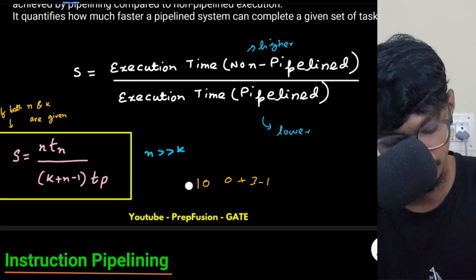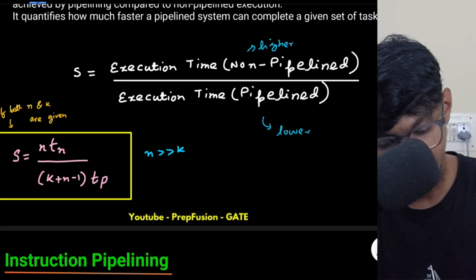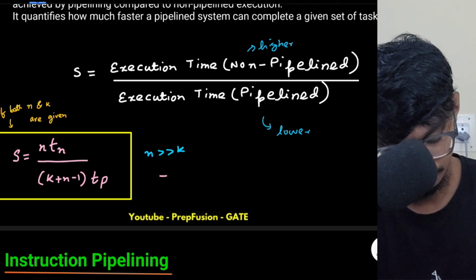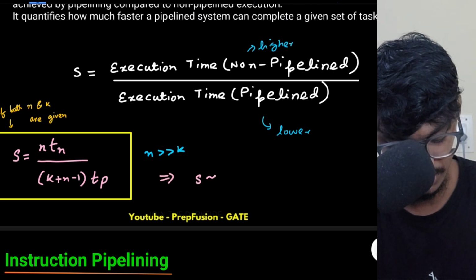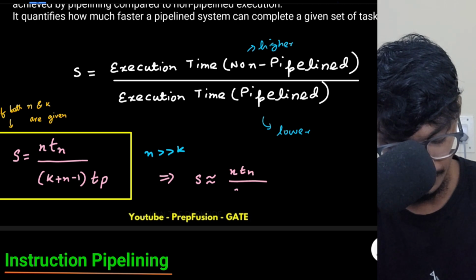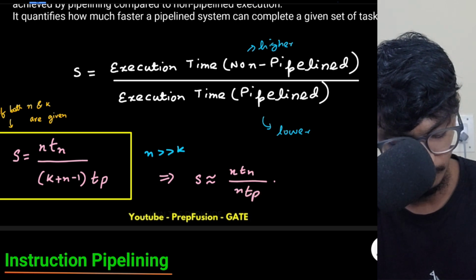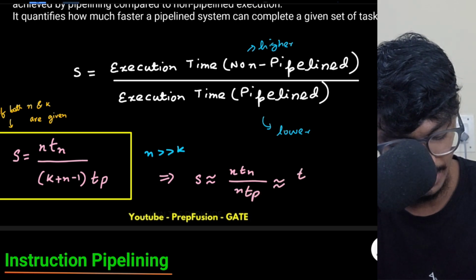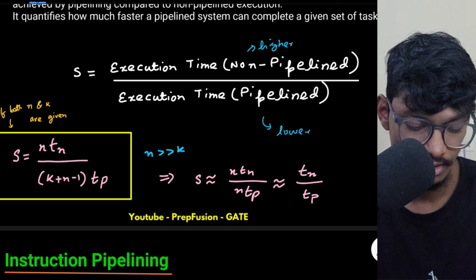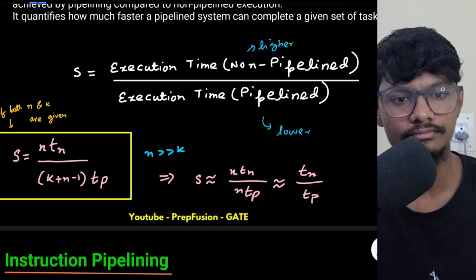Yes, I can. It is basically the limits concept. So I will ignore this, and my speed up ratio will approximately become n Tn divided by n Tp, which is approximately equal to Tn by Tp.